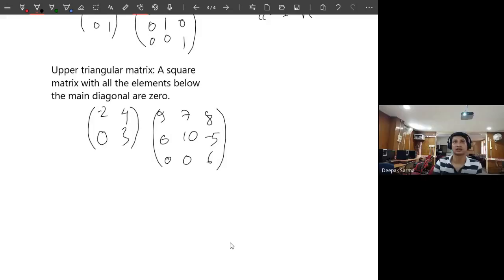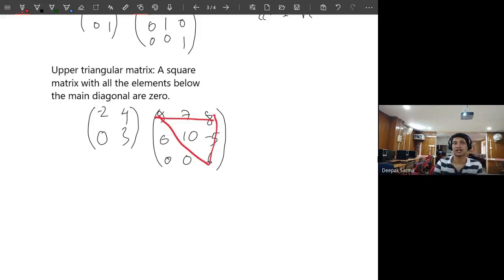Confusion? Okay. But we don't have any restriction about the diagonal or upper entries. So if, suppose, instead of 7 I write 0, got it? That is again an upper triangular matrix. So here you can see we have a triangle.